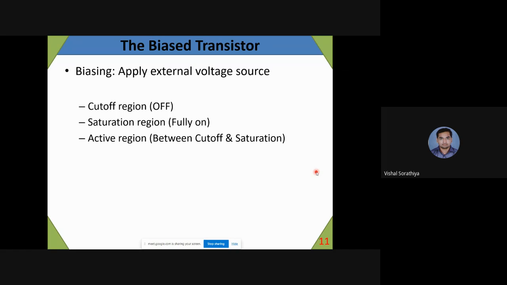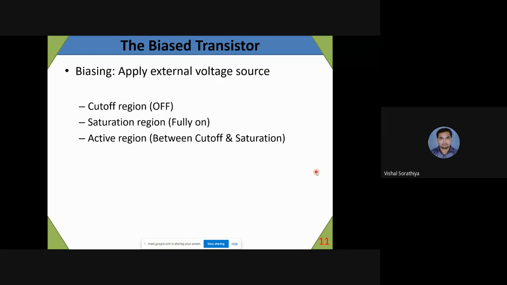Okay, an active region which is between cutoff and the saturation. So basically there are three conditions: cutoff, saturation, and active region. You can say in one state you are making your transistor off, like you are giving a power supply to base, emitter, and collector in such a manner that the transistor will not flow the current.